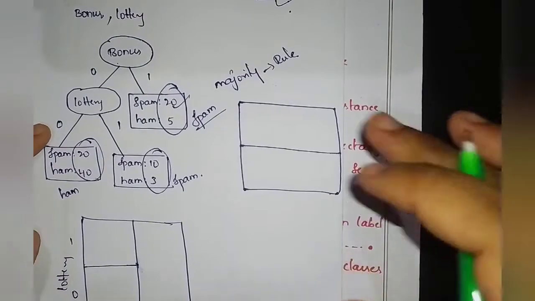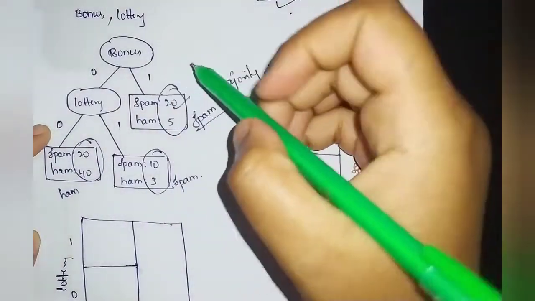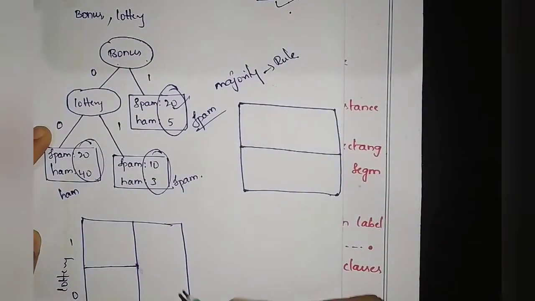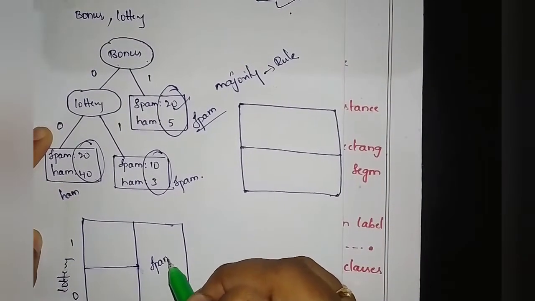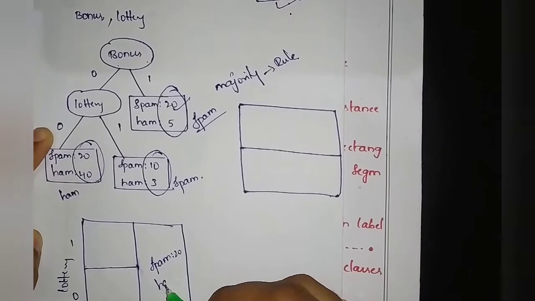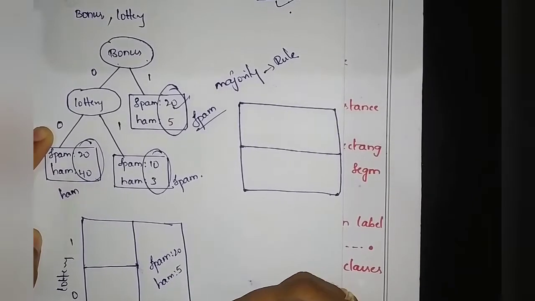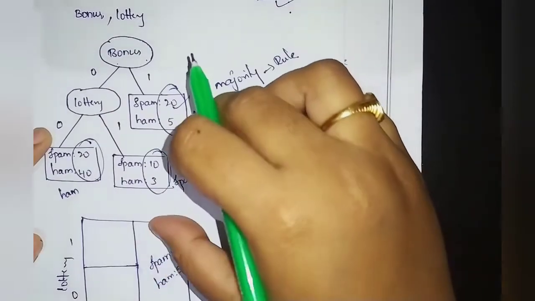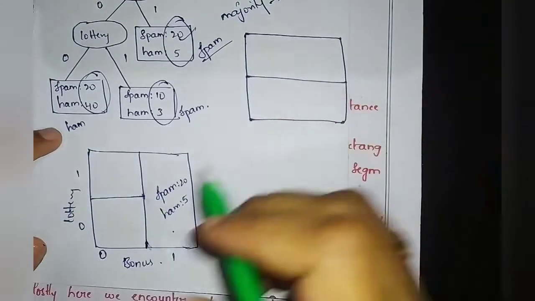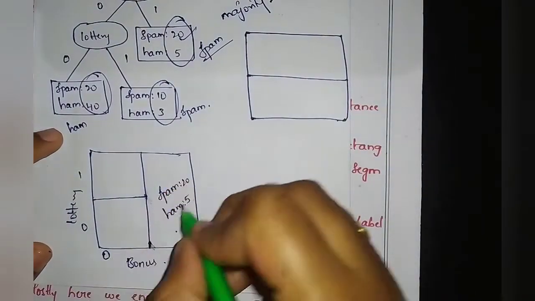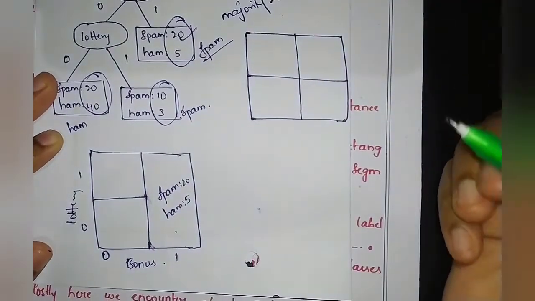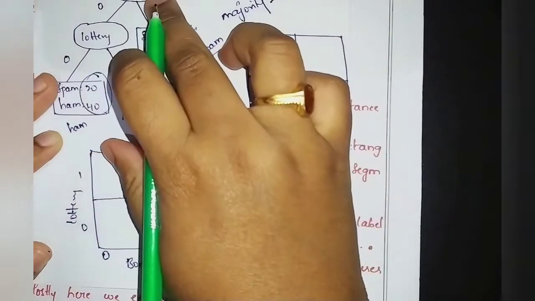So here, according to this case, if bonus is 1, then spam values are 20 and ham will be 5. We just don't have any other case, right? Because firstly we'll be having 4 quadrants like this, right? How will we be dividing these quadrants according to features?